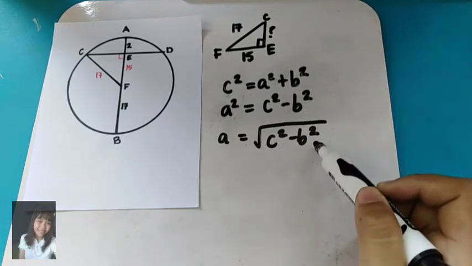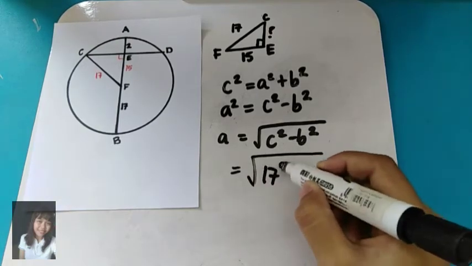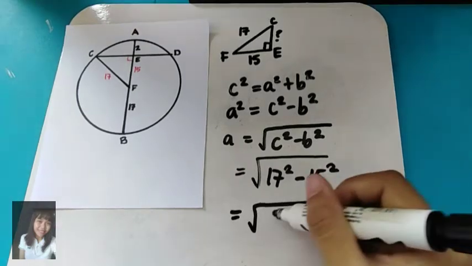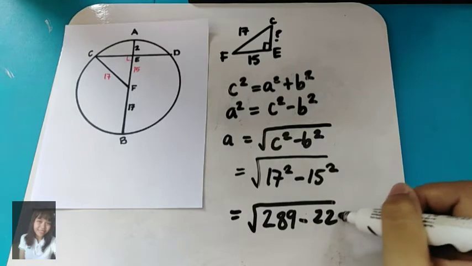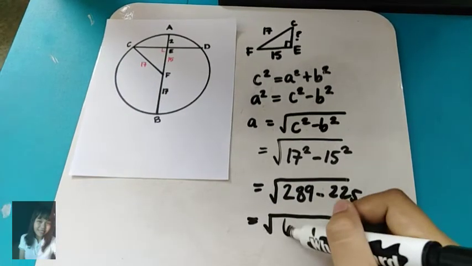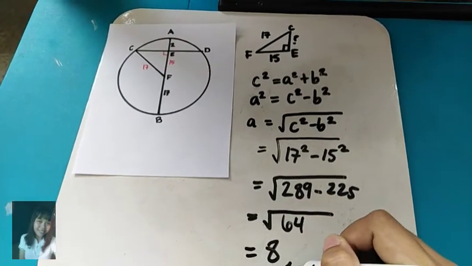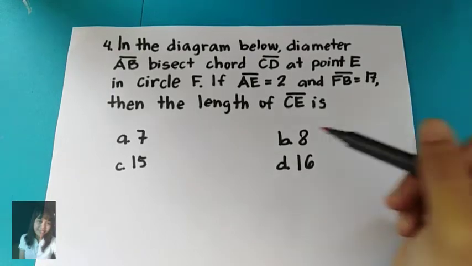Substituting the values given, we have square root of 17 squared minus 15 squared, which is 289 less 225. 289 less 225 is 64, and the square root of 64 is 8. Therefore, the length of CE is 8. So, our answer for problem number 4 is letter B.